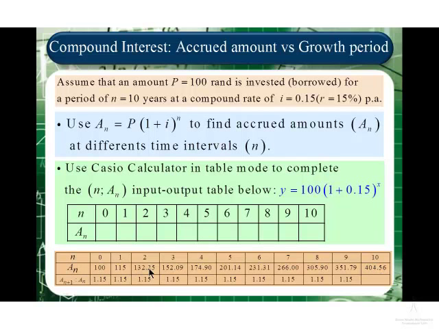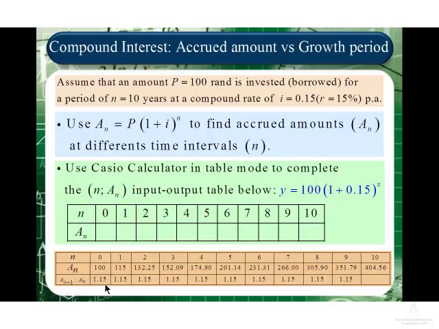Just check that you agree with the output values according to the particular value for the interest period. Have a good look and also check with your own table if you agree that the ratio between successive terms of the output values, A sub n, is constant.